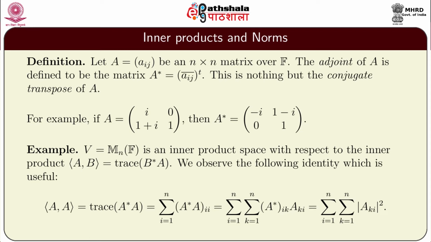Inner product A, A by this definition would be trace of A star A, which is by definition this double summation over i and k, A star A ii, that is the sum of the principal diagonal entries of the matrix A star A. Then it is summation i equal to 1 to n, summation k equal to 1 to n, A star ik a ki by definition, but A star ik is a ik bar, therefore it is double summation a ik bar a ki, and that is double summation mod of a ki square.